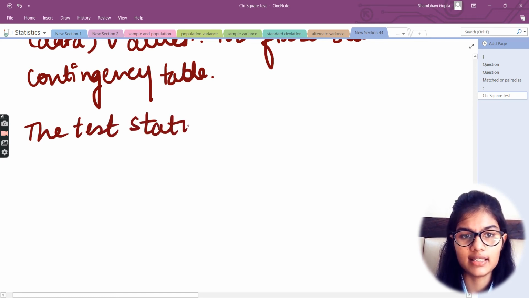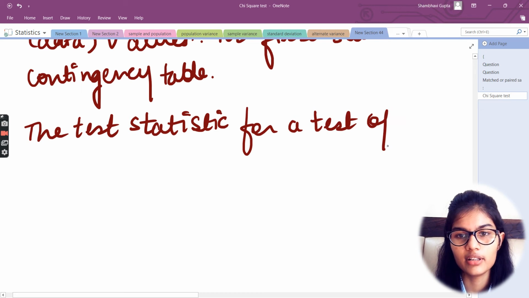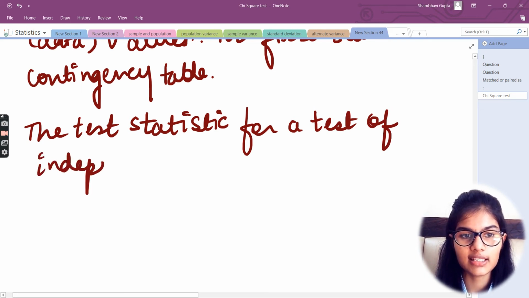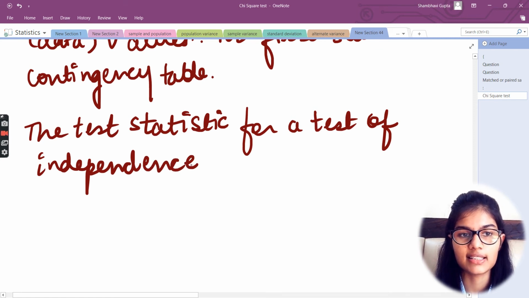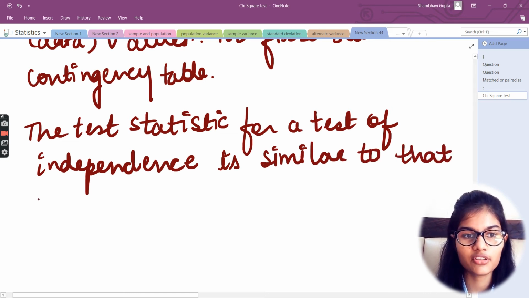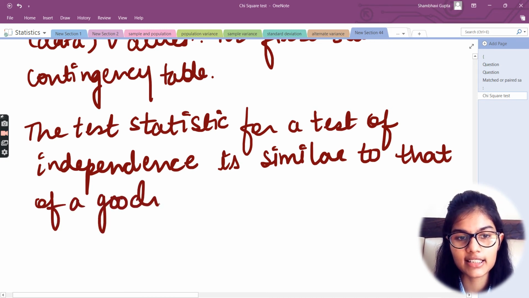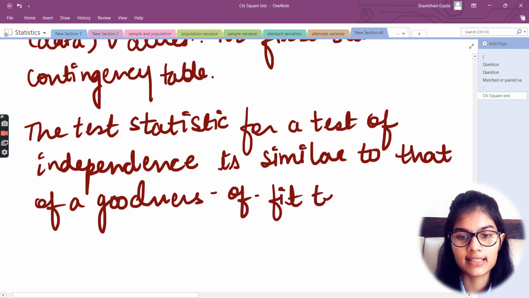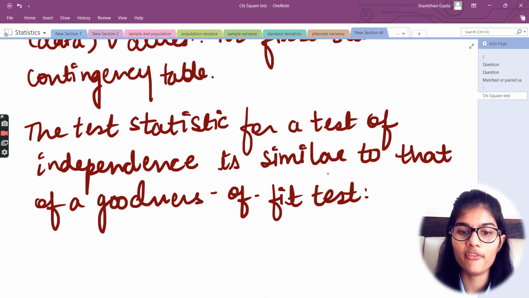The test statistic for a test of independence is similar to that of a goodness of fit test.